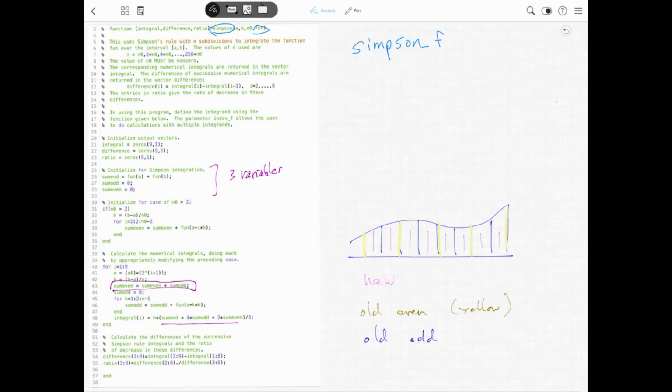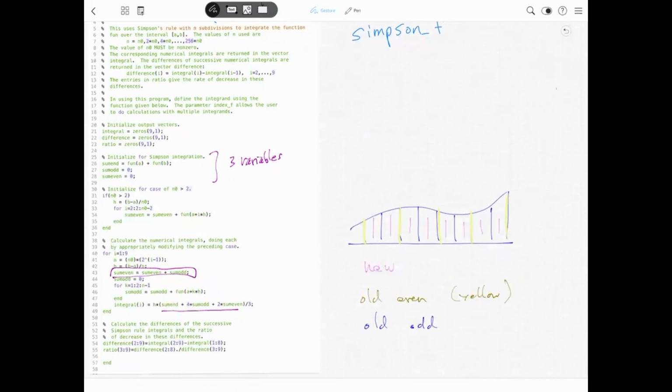So therefore, down here you have this point in the iteration when you take the previous odd and even ones, add them together, and they all become together the current even nodes. Okay?